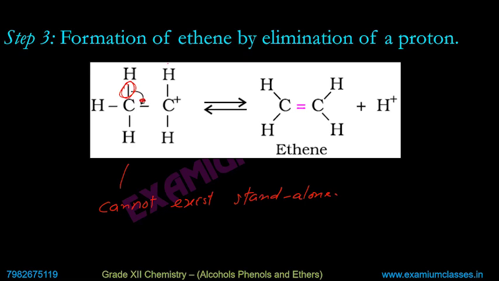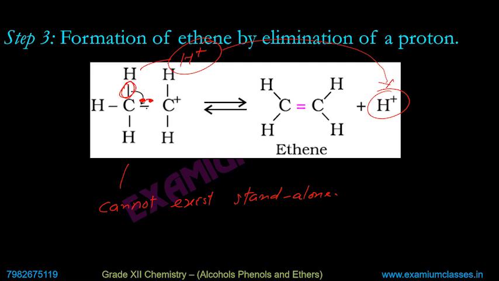So two electrons are moved here, these two. And because now hydrogen doesn't have any electron with it, it is detached as H plus. Because normally hydrogen has one electron, but if it does not have any electron, it is H plus. So this H plus we got back.